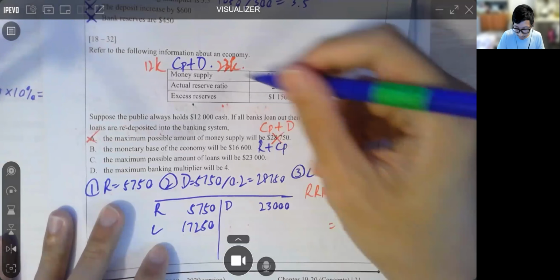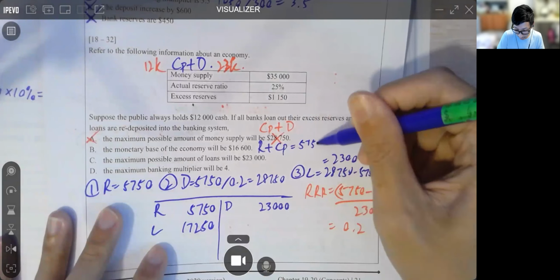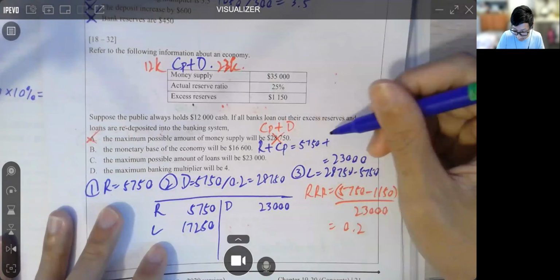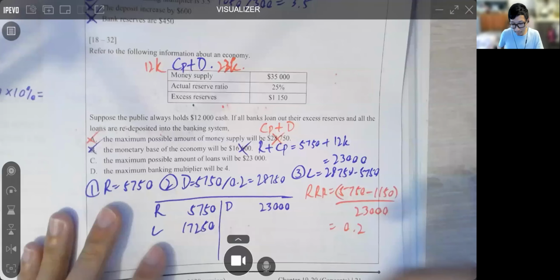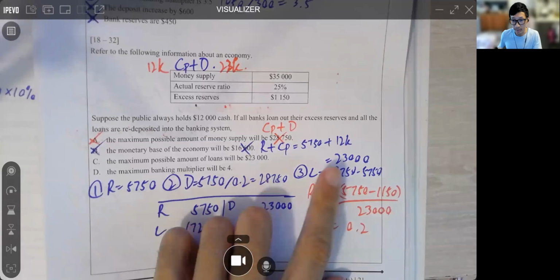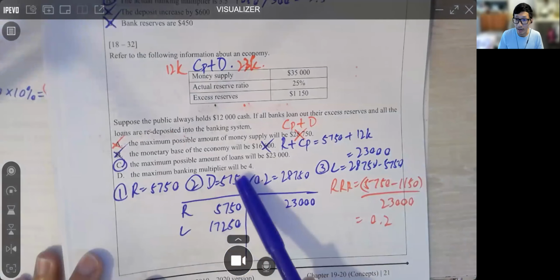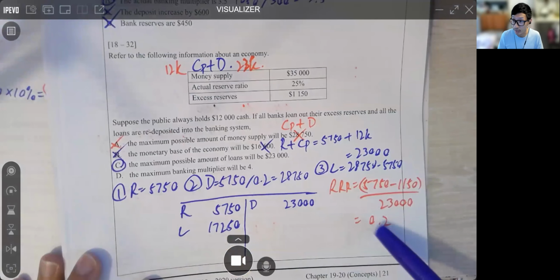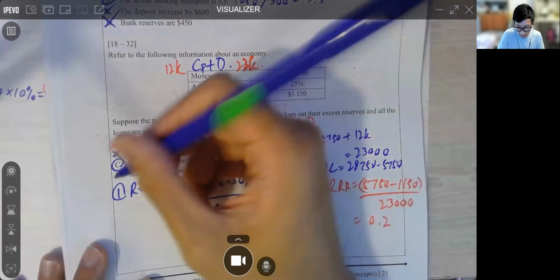Okay, reserve would be this amount, 5750. CP 12K. Definitely not this number. Maximum possible amount of loan will be this amount. Correct. Maximum banking multiplier 1 divided by RRR is actually 5. Okay, 應該5先啱啦。Okay, so not the answer we want.